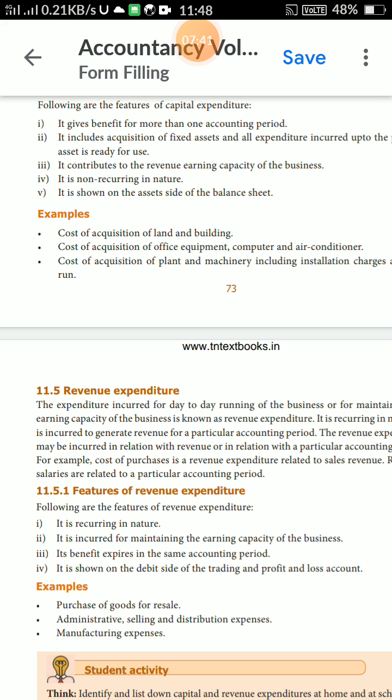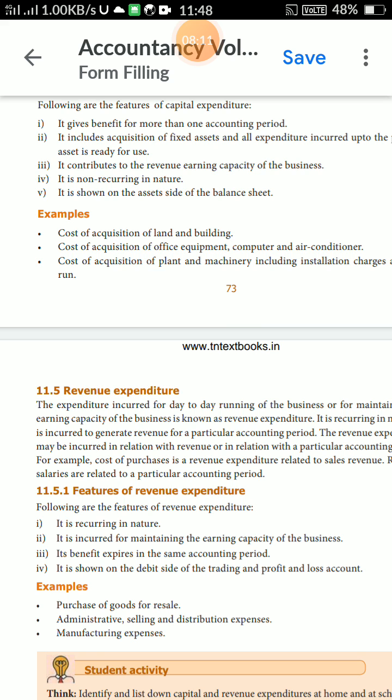It is incurred to generate revenue for the particular accounting period. Revenue expenditure may be incurred in relation to revenue or to the particular accounting period. For example, cost of purchases is related to sales revenue; rent and salary are related to a particular accounting period only.